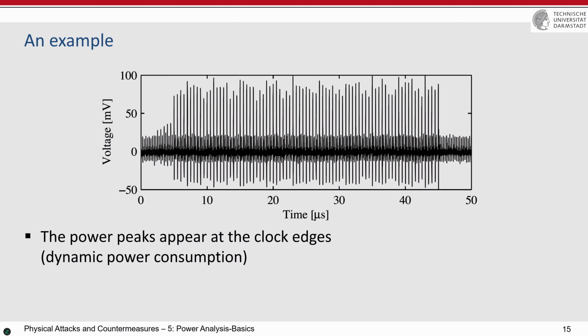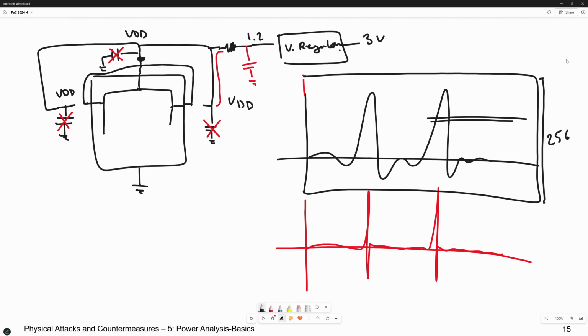Now, what is important is that, for example, your circuit works at the positive edge of the clock. Then at the positive edge of the clock, you have peaks, but you also have some peaks in the power consumption traces when the clock changes from high to low.